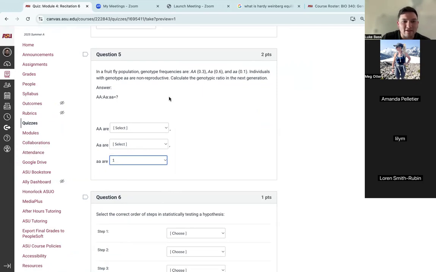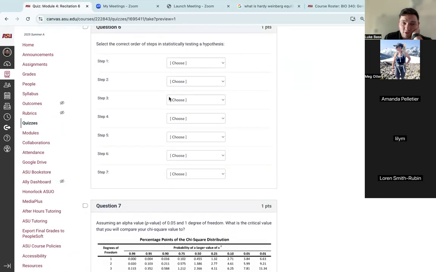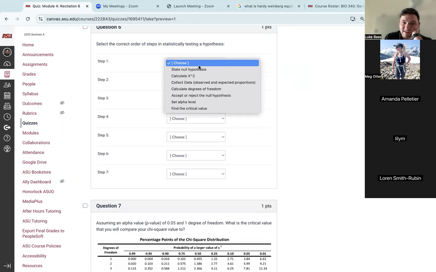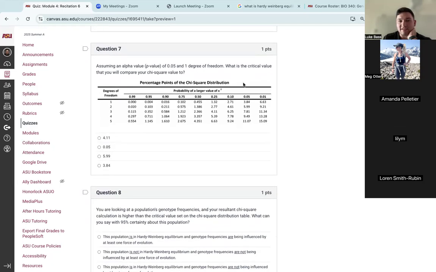Okay, so looking at the rest of the questions, I thought that the rest of them were pretty straightforward. I imagine he goes over testing this hypothesis in his PowerPoint. And then down here, he also does have a few slides that are helpful. Knowing the alpha value, which is going up and down, or the columns, and then the degree of freedom, which are the rows.